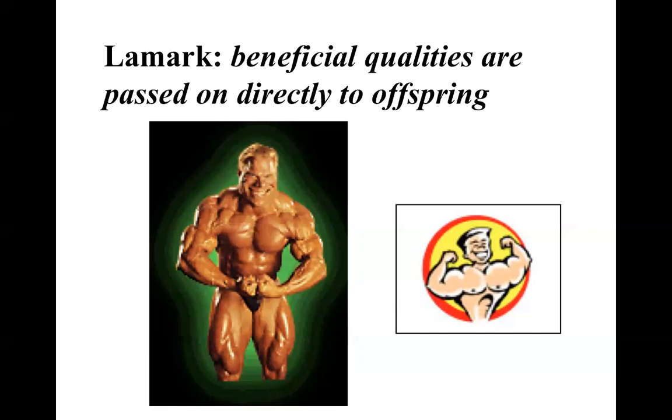A mutation is a change in the genetic sequence in the sperm or the egg cell, and then it's passed on to the offspring. So there's different ways to acquire beneficial characteristics.